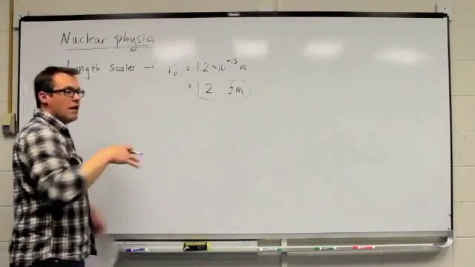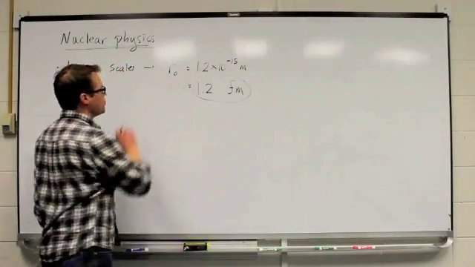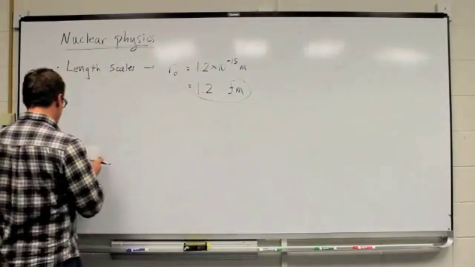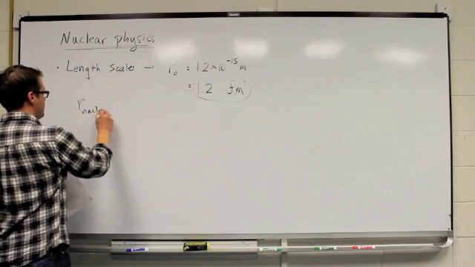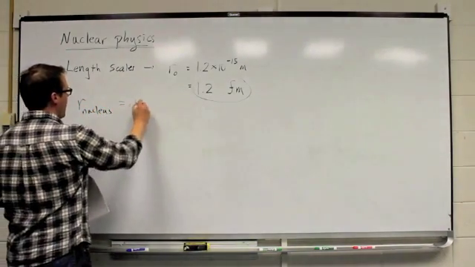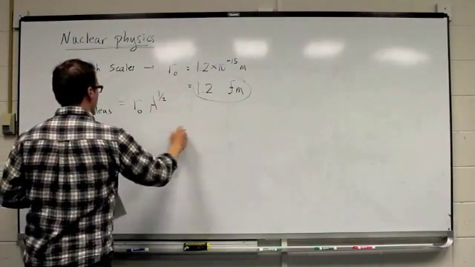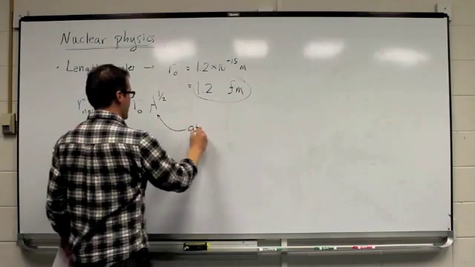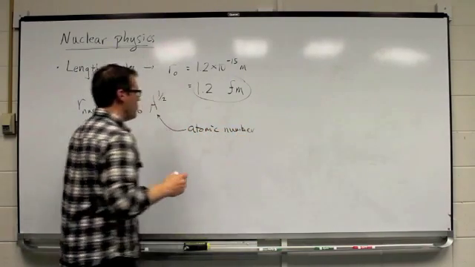Now, the larger the nucleus, the heavier the nucleus, the larger it's going to be. In fact, a good estimate for the size of a nucleus would be about R0 times A to the 1/3, where A, by the way, is the atomic mass number of the nucleus.